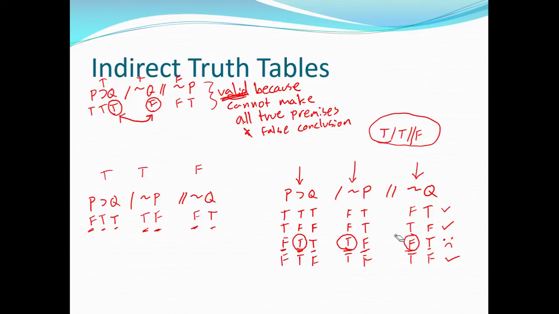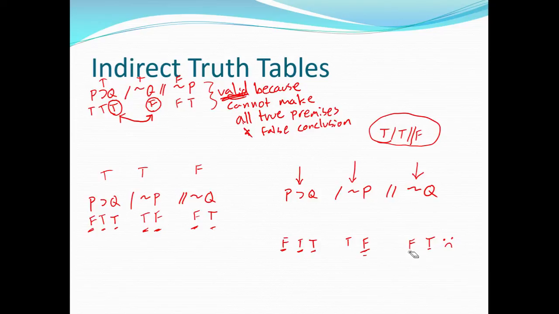Let me erase the other rows so we can see these two side by side. So get rid of row 1, get rid of row 2. We're going to keep row 3 because that's the one that gave us a problem. And if you look at these two rows side by side, you have false, true, true, false, true, true.